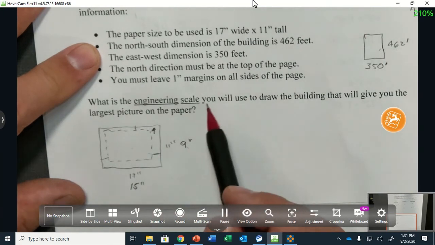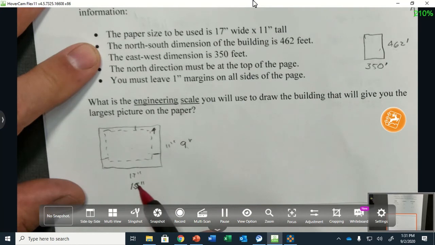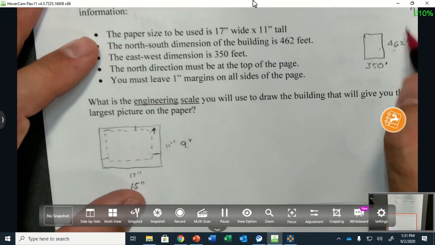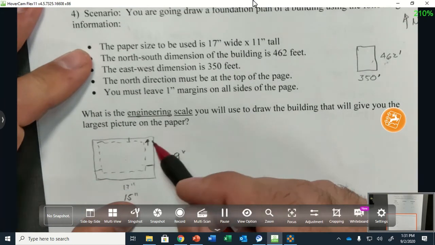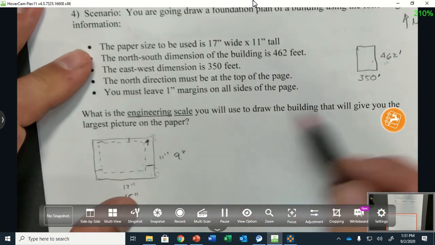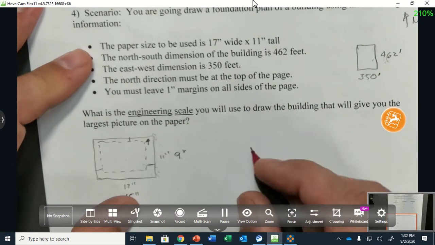What engineering scale will you use to draw the building that gives you the largest picture on the paper? All right. So I know I have to fit 462 feet in 9 inches of paper space, right? Okay, because that's my north-south direction and I cannot rotate it. Okay, so what am I going to do?